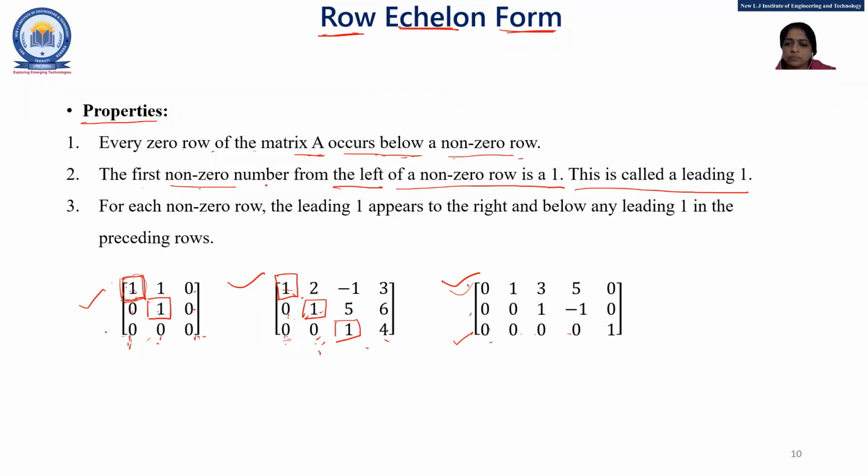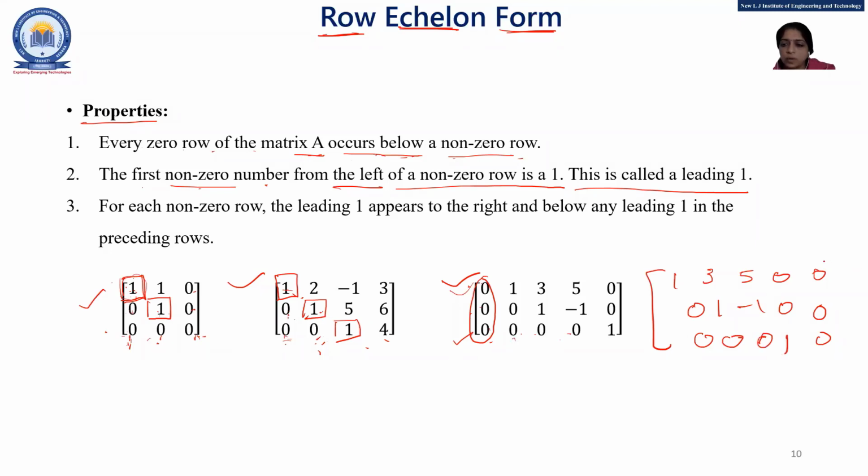For this one, see here we have one column where all elements are 0, right? You can interchange it. You can write this like 1, 3, 5, 0, and you put the 0, 0, 0 in the last. It is okay. Then 0, 1, minus 1, 0, and 0, 0, 0, 0, 1.